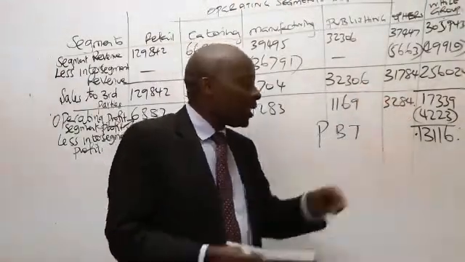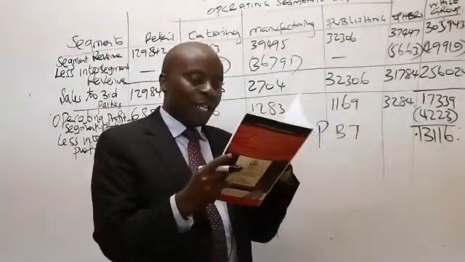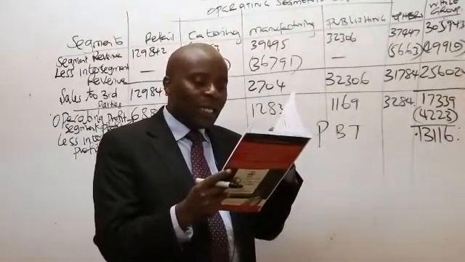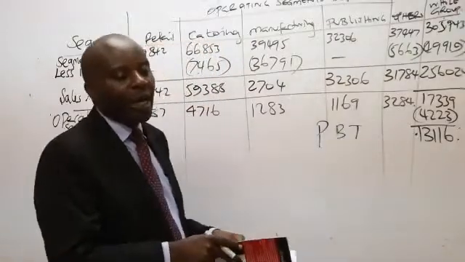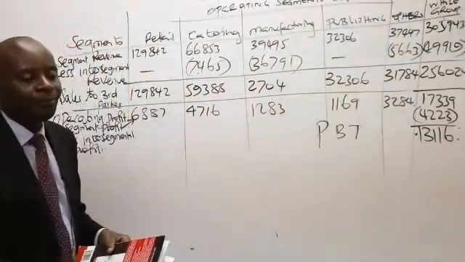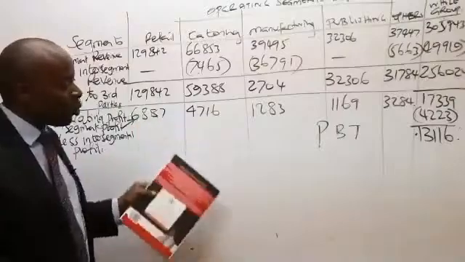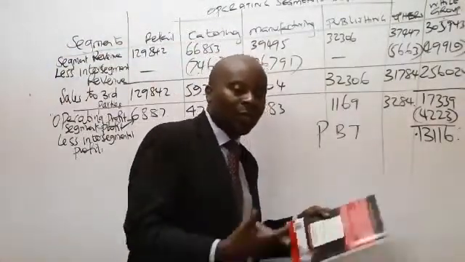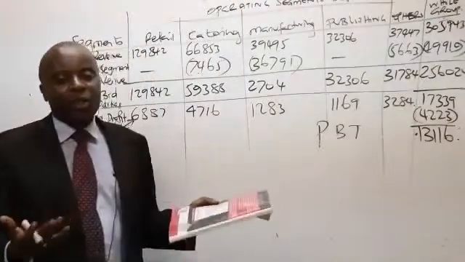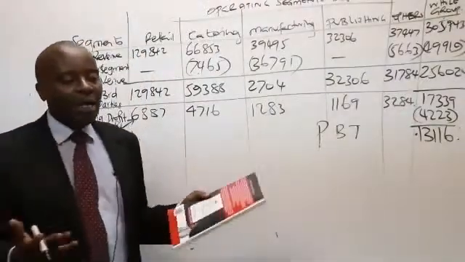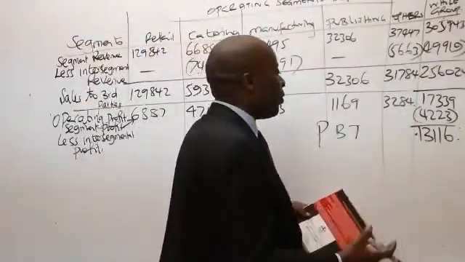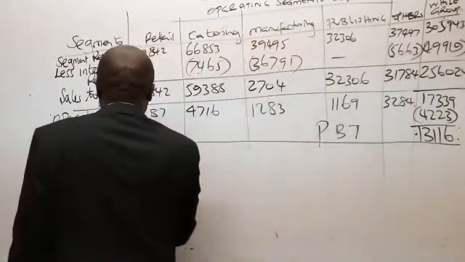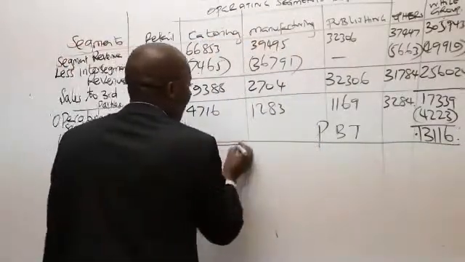So don't bring in the issue of other incomes. The entire section will get a 0, because already the examiner has simplified our work by giving us the profit before tax. And that is it. You come and double underline. That section is over.